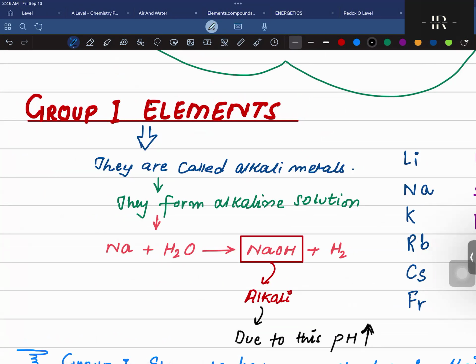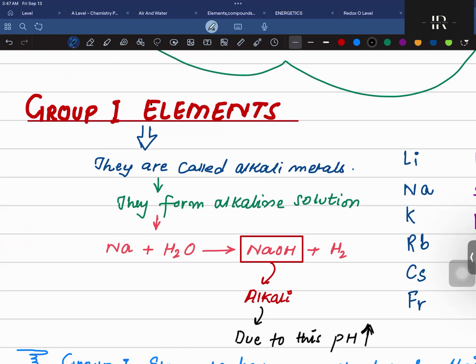Group one are known as alkali metals. They are reactive metals, and they are soft. They are having low melting point and boiling point.